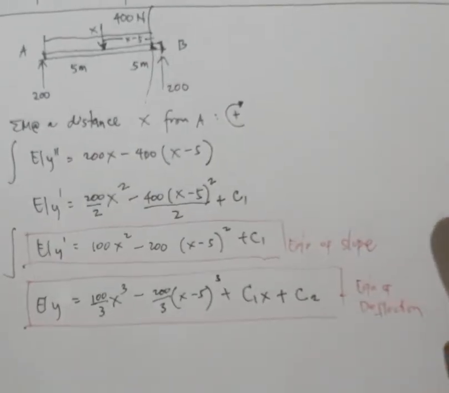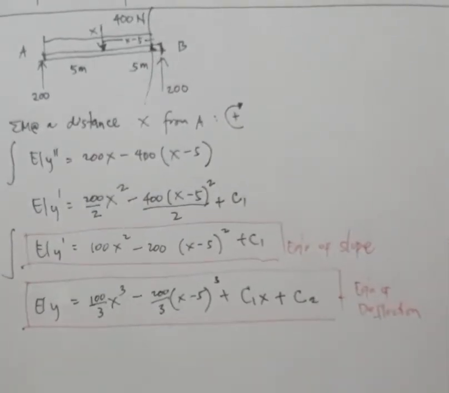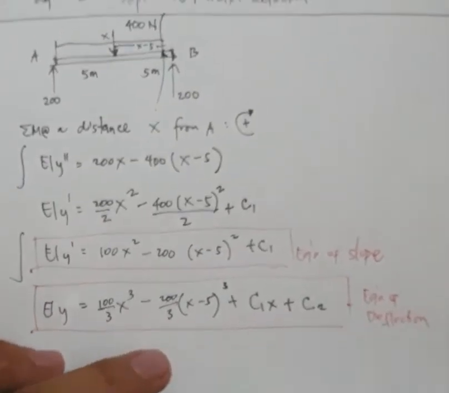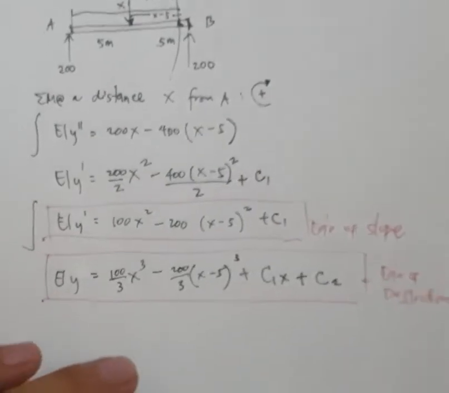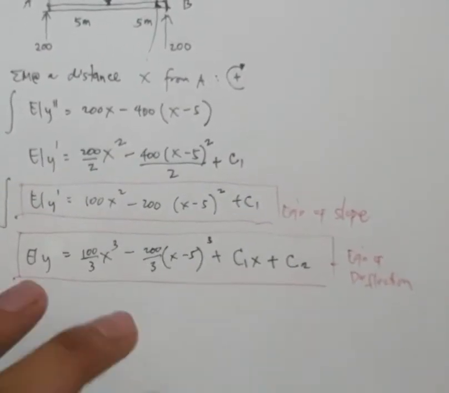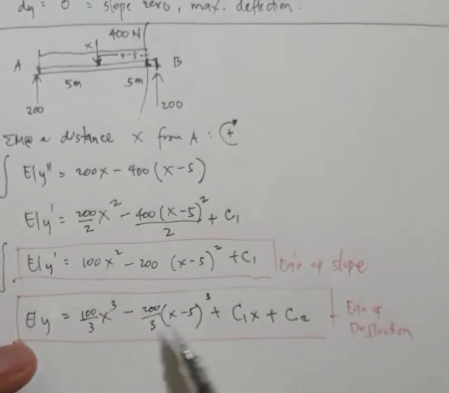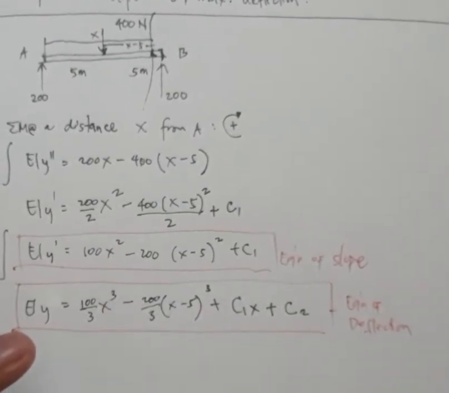So next step. Our next step is that we should have the boundary conditions for us to solve the constants, so the only unknown left is the value of x. Okay?